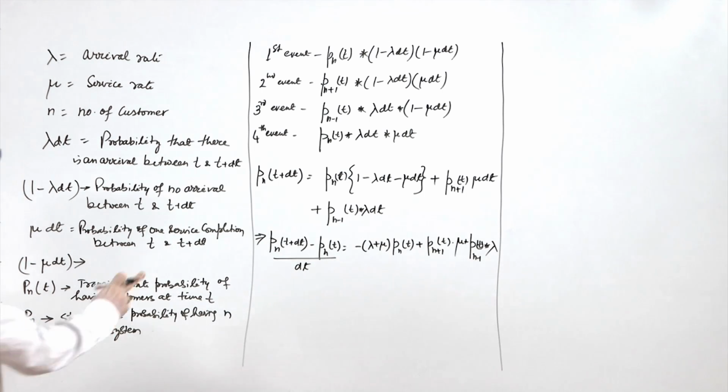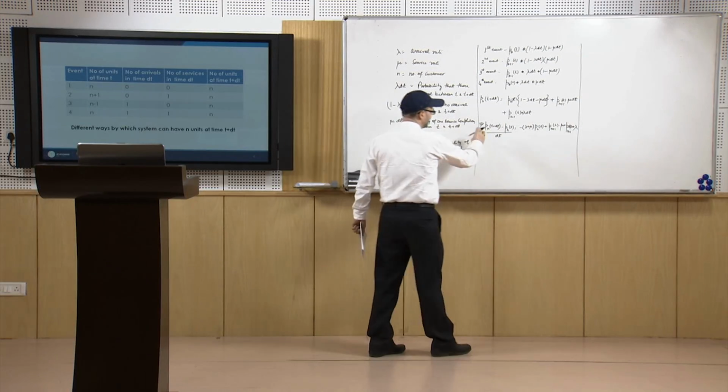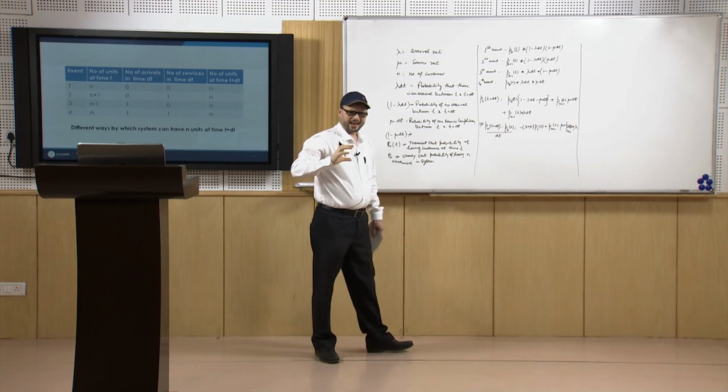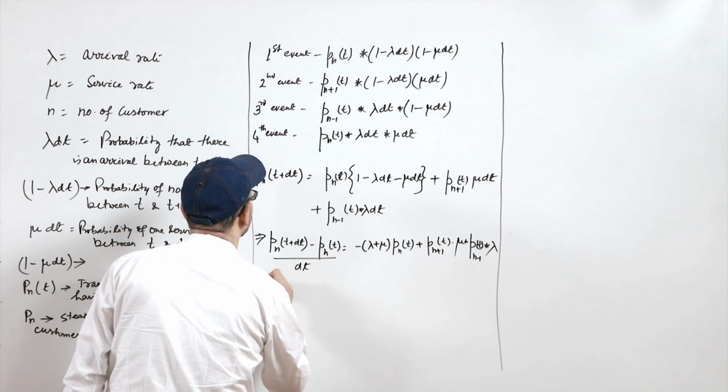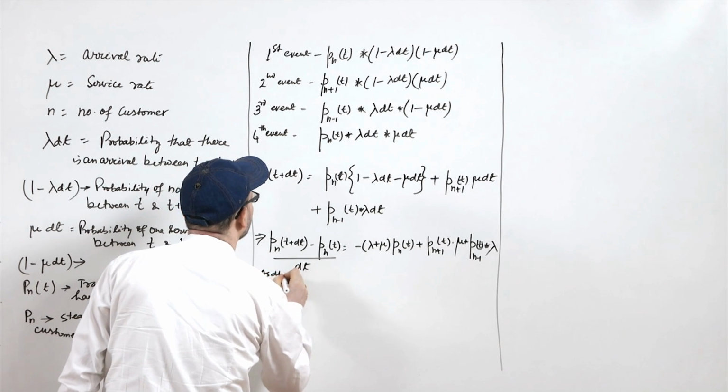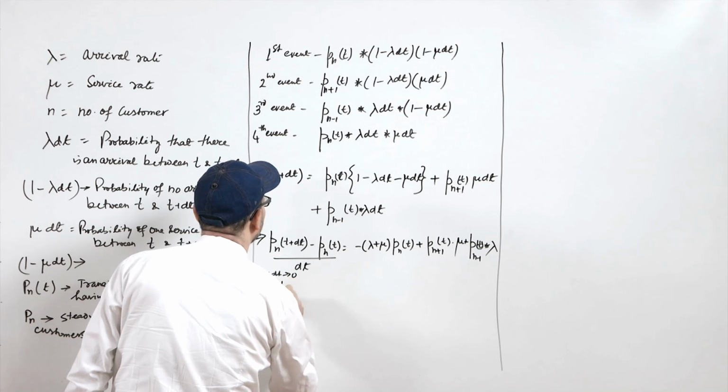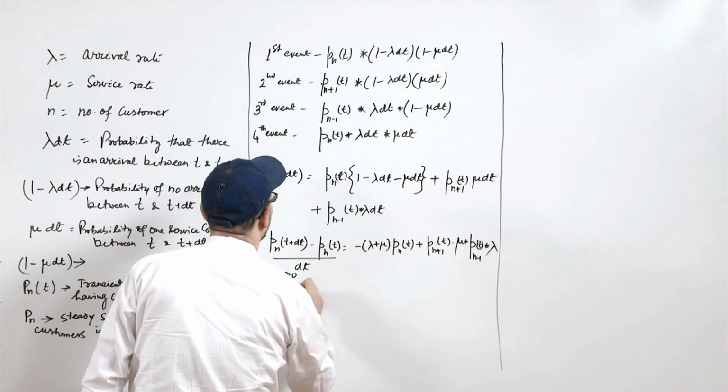So, as dt approaches 0, this term can be said to be the derivative, that will be d by dt. So, as dt approaches 0, it will be d by dt of P n (t).